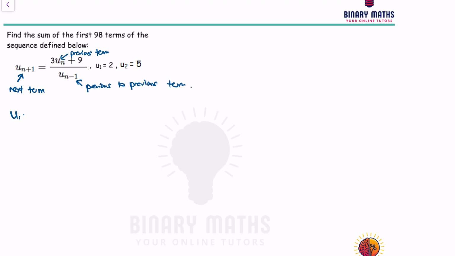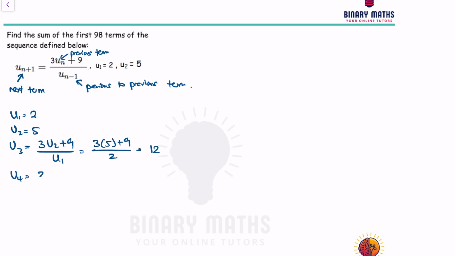So you've got U1 is equal to 2, U2 is equal to 5. So U3 will be equal to 3 times U2 plus 9 over U1, which is equal to 3 times 5 plus 9 over 2, which is 15 plus 9, 24, divided by 2, which is 12.